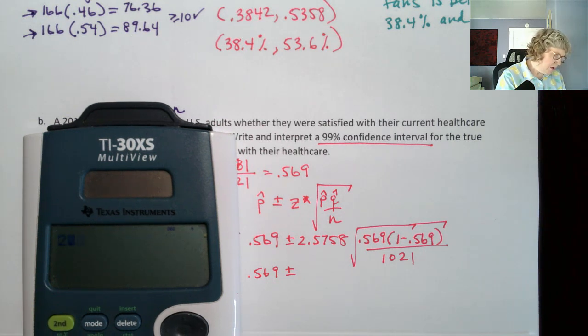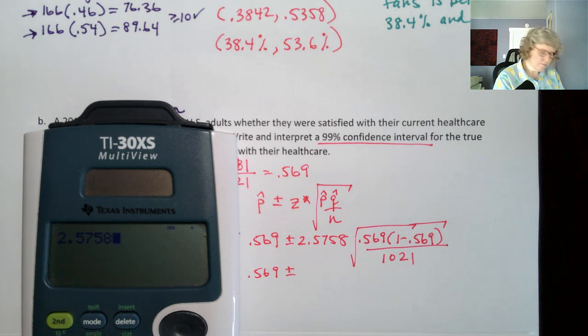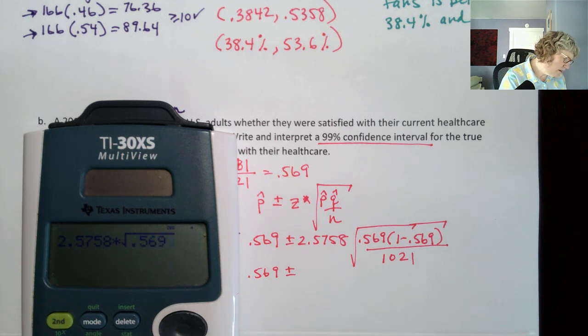Okay, so 2.5758, that's our z star, times the square root of 0.569, parentheses 1 minus 0.569, close parentheses, divided by, but still in the square root, 1021.